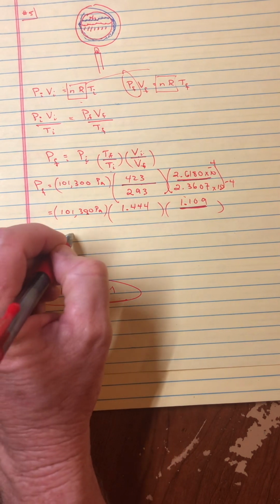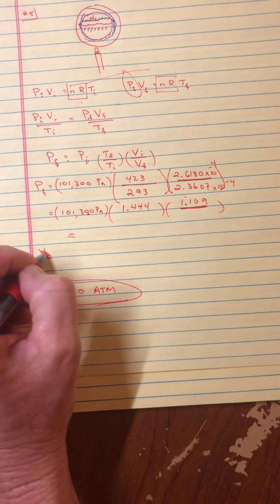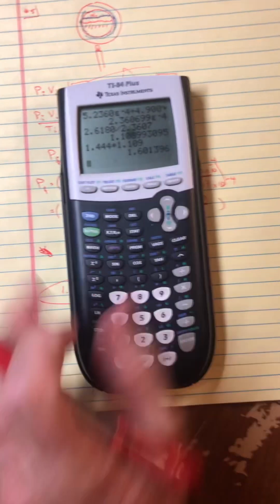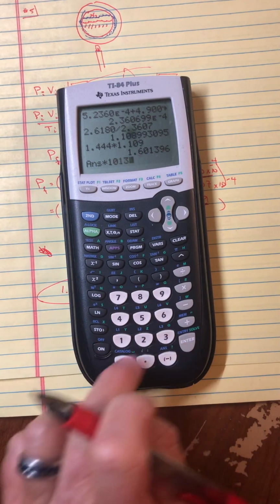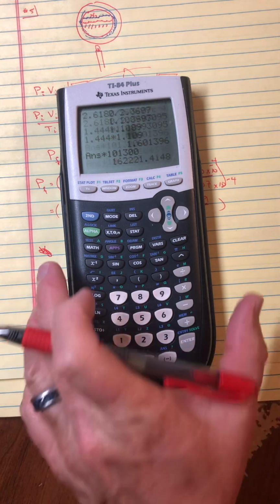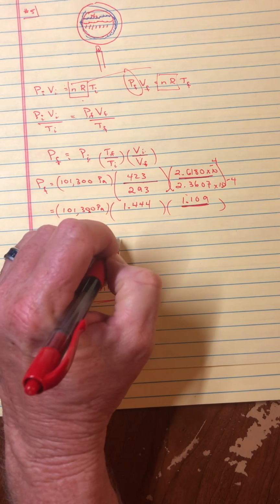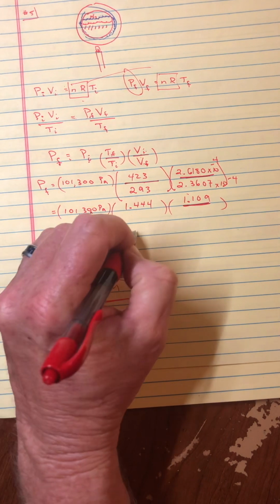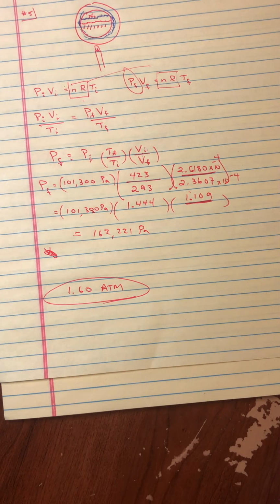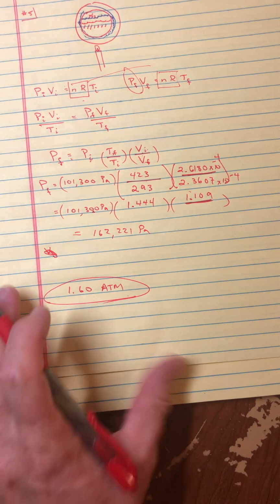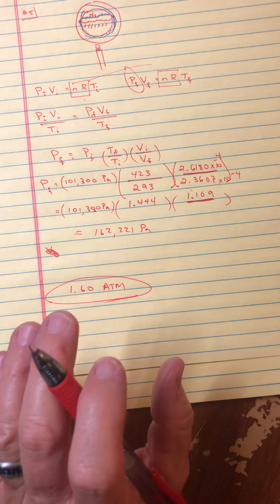But I'd like to finish this problem by then multiplying it by 101,300 and come up with 162,221 pascals, about a 1.6 atmospheres.